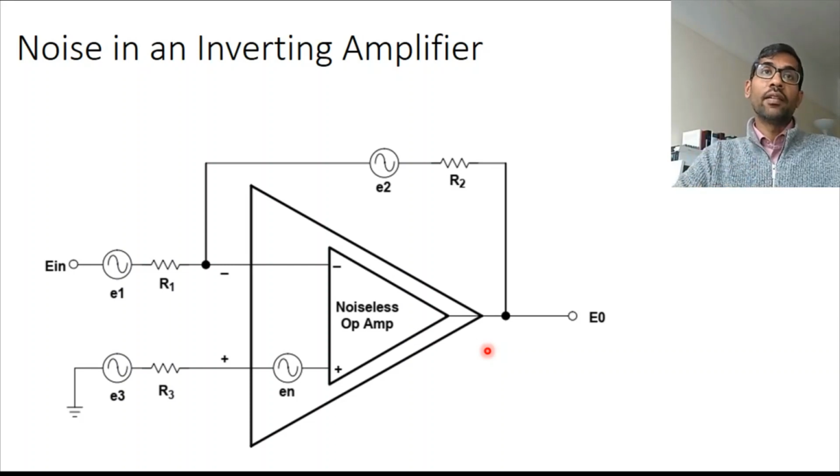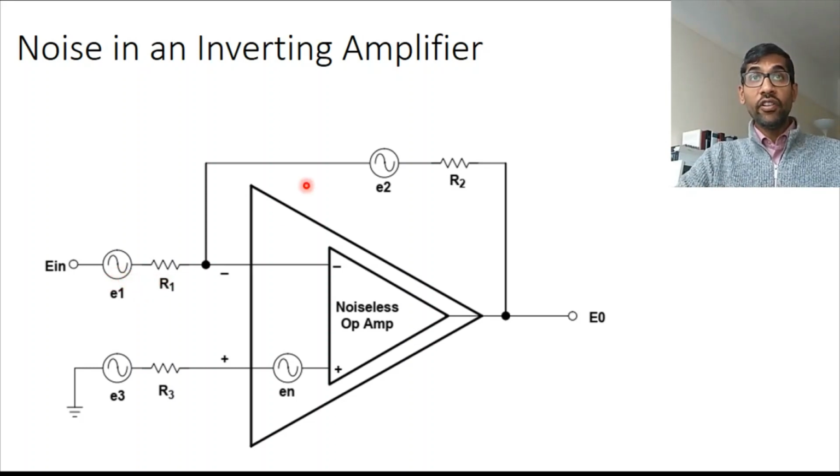Now, what does that mean? That means that if you are making an inverting amplifier, you put three resistors, right? Or maybe two. So let's say I have added this resistor here. Along with each resistor, you will have some noise, right? We have already looked at the thermal noise in resistors.